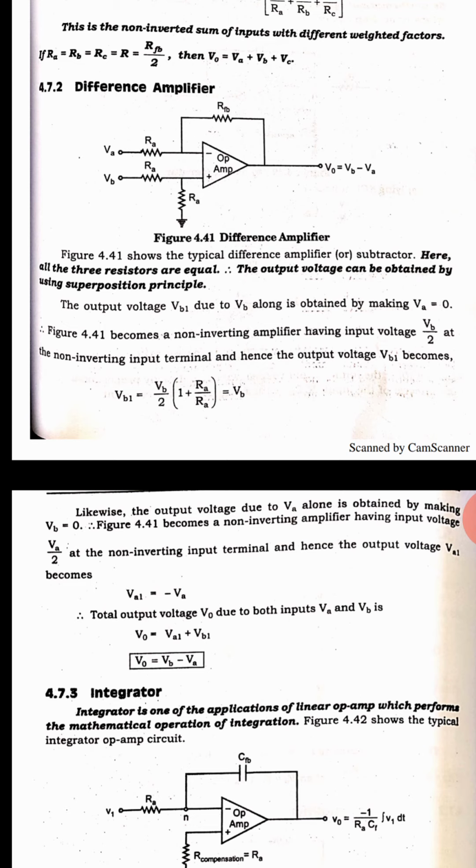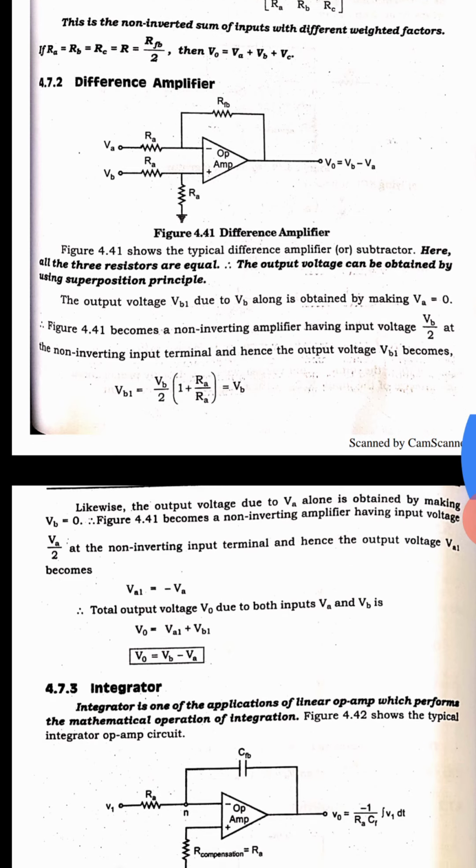Output voltage VB1 is equal to input voltage into 1 plus RF divided by RA. As per formula, the feedback resistance divided by RA.